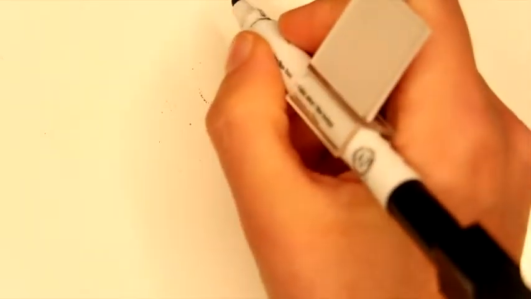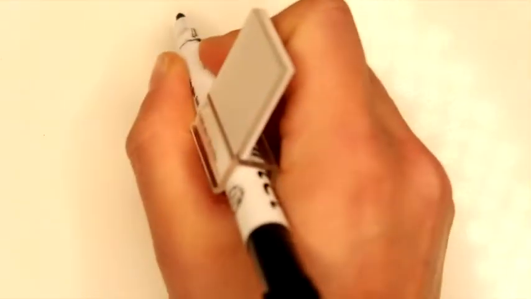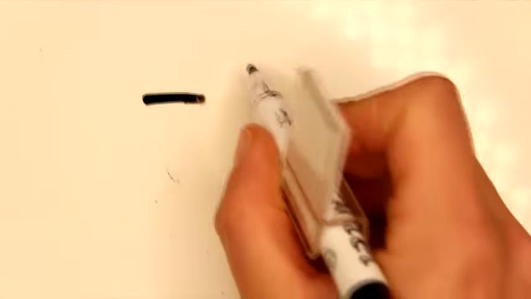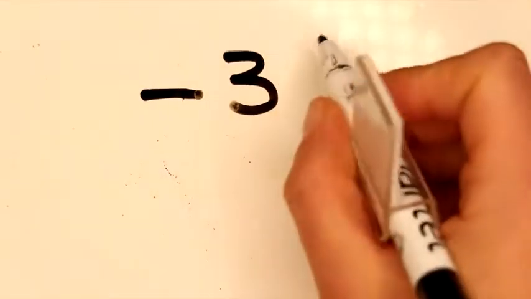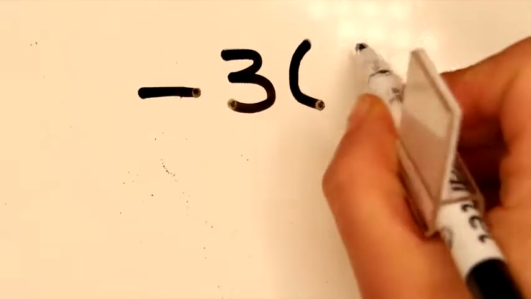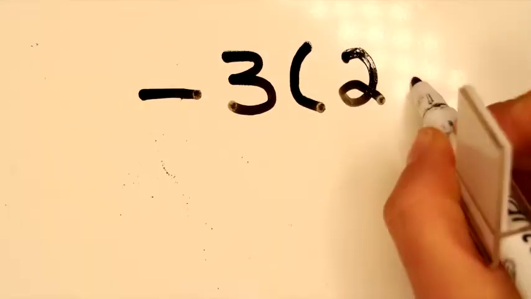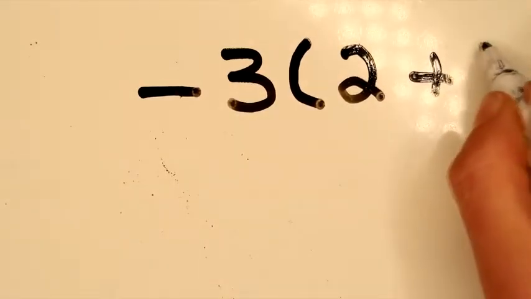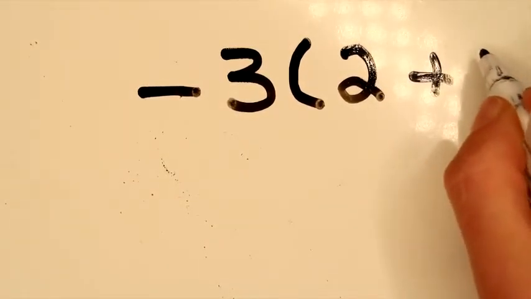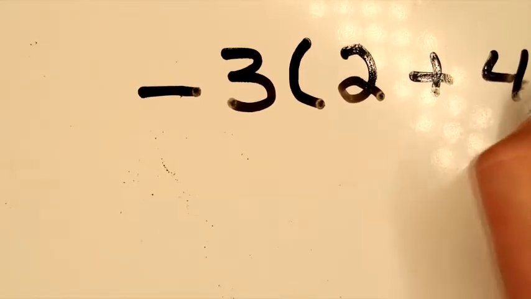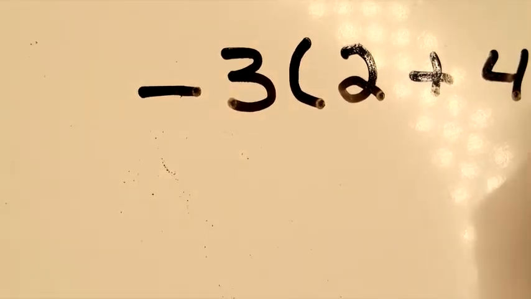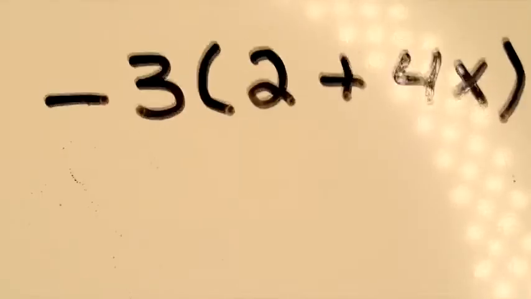I'm going to write it down for you. So I have -3, 2 plus 4x, parenthesis. Okay?